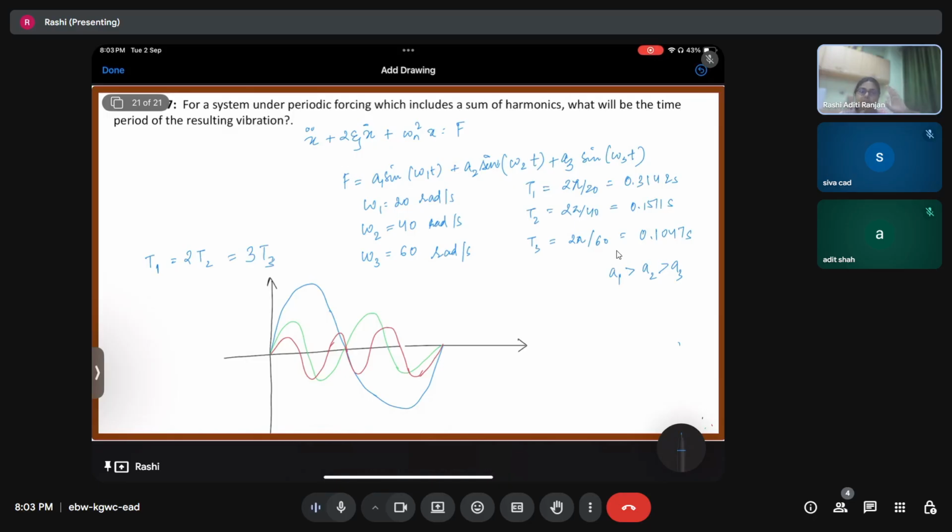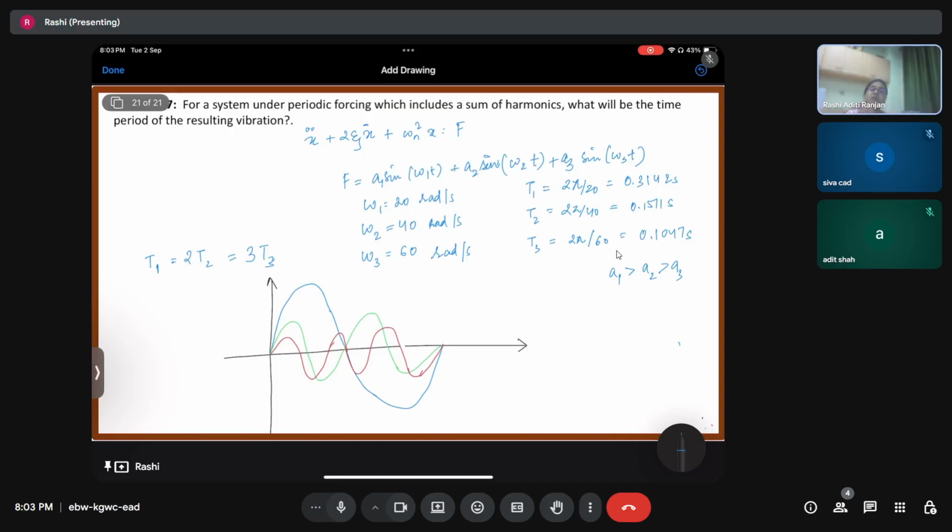Our basic concern is: what is the maximum time period? The maximum time period is going to be the period of the resulting vibration, because the resulting vibration is going to have three components, and those three components are going to repeat themselves. T3 is going to repeat itself after every T3. So it has a minimum period of T3, but it can have a maximum period also. It can have 2 T3 as a period, 3 T3 as a period, and likewise n T3 as a period.